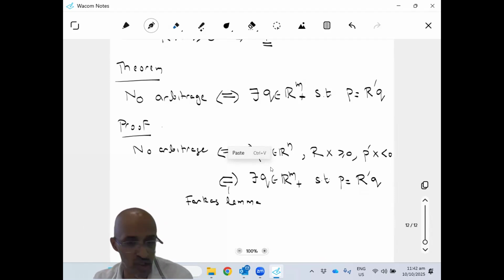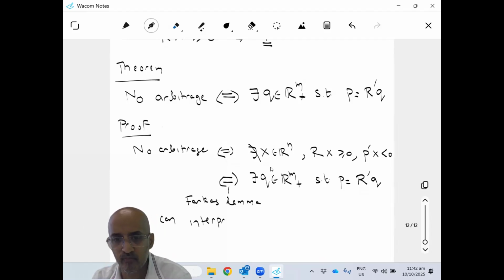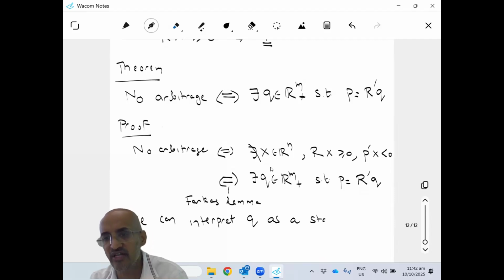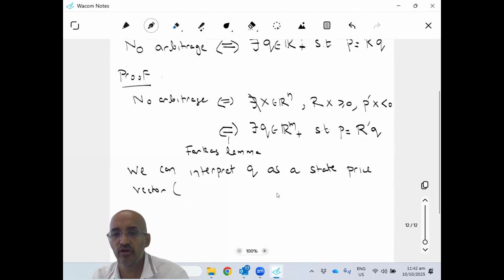So essentially, we can interpret Q as a state price vector. Basically, what is this?